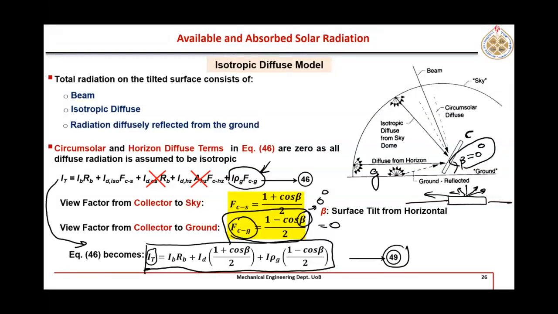The total amount of radiation falling on a tilted surface is equal to the beam part, diffuse part, and ground reflected part. For the diffuse part, we are only considering the total diffuse radiation from the entire sky dome, neglecting circumsolar and horizon.